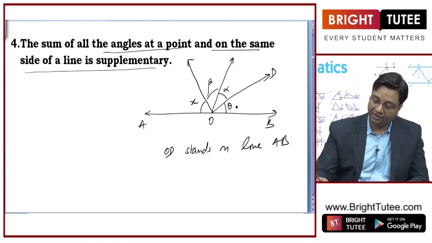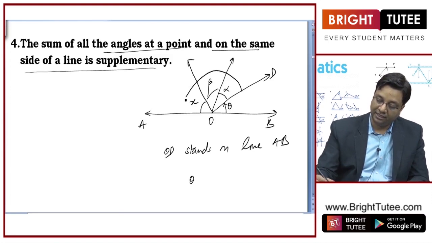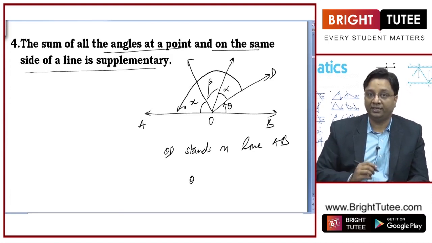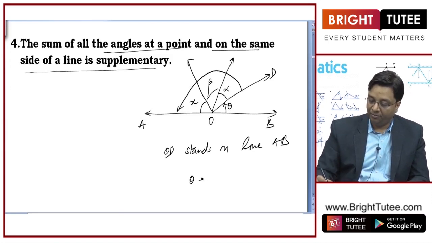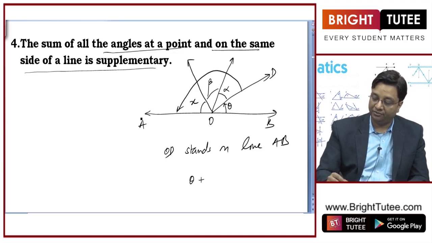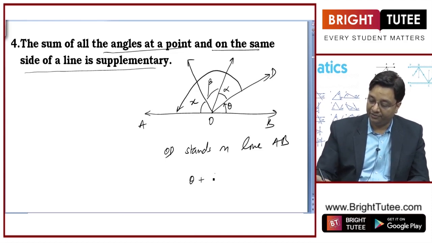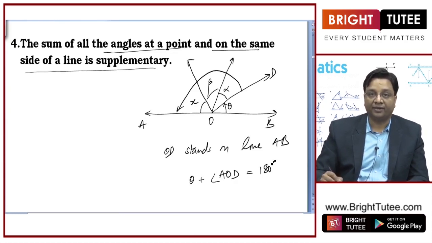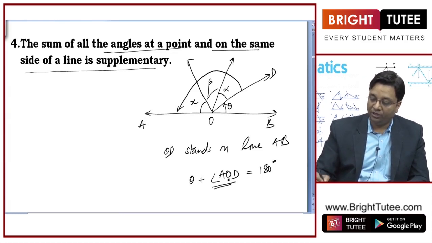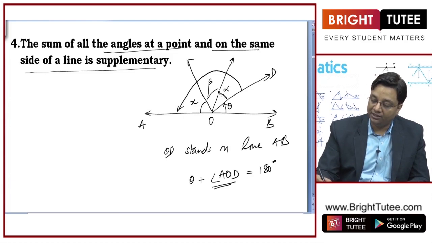So we can say that sum of these angles, this angle theta plus this angle, is going to be equal to 180. So theta plus this entire angle, what is the name of this angle? AOD. Angle AOD is equal to 180 degrees, right? Now angle AOD consists of these three portions, alpha, beta and x.